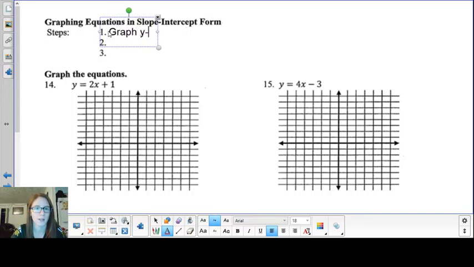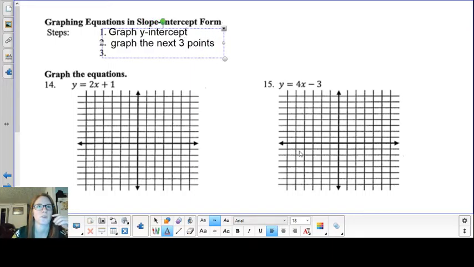You're going to graph your y-intercept. You are going to graph the next point. We're going to say the next 3 points, because I think Mrs. Lights wants you to do 5 or 4. I don't remember exactly how many you have to do. And then you're going to connect your dots.